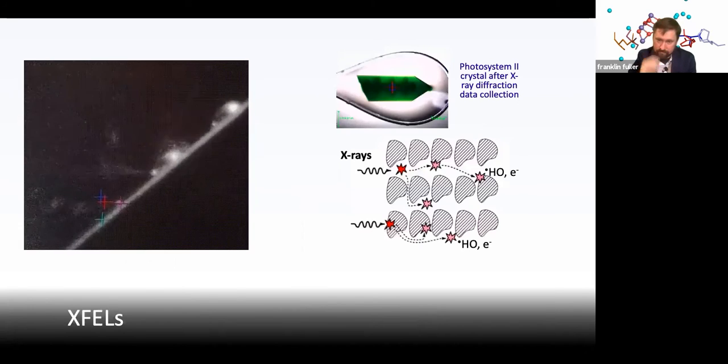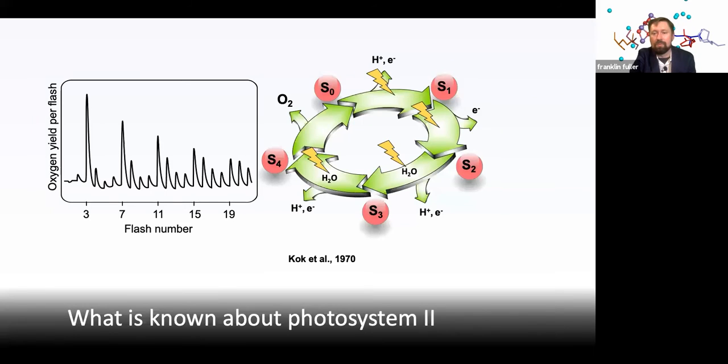So now that we have a picture of what we want of that reaction cycle, what I want to do is talk about our experiment where we've investigated the S2 to S3 transition. If you want to know how oxygen is created, you might want to look at S4, where oxygen is actually released.